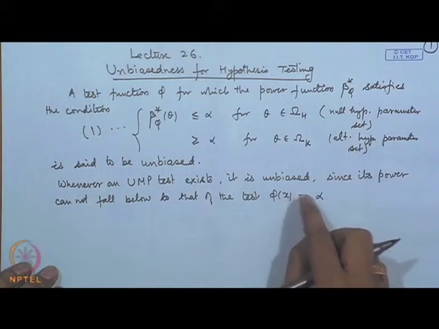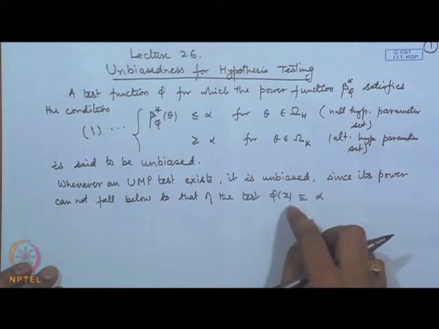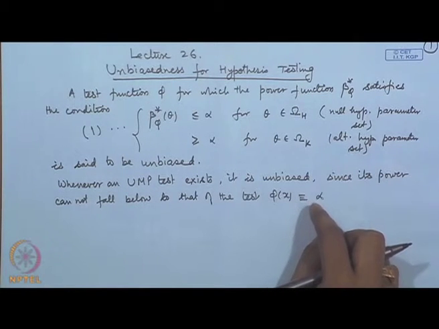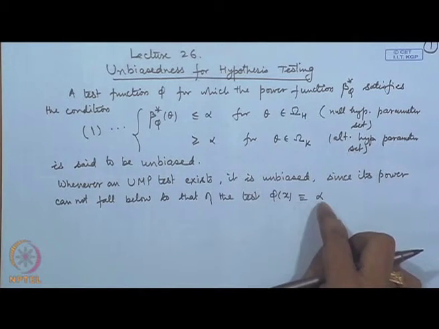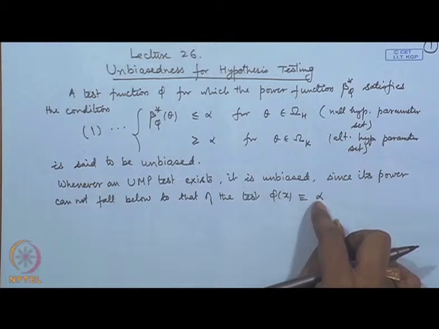That is, we always reject with probability alpha whatever be x, and we accept with probability 1 minus alpha. Then this test has expectation equal to alpha, that is the power function is actually equal to alpha.